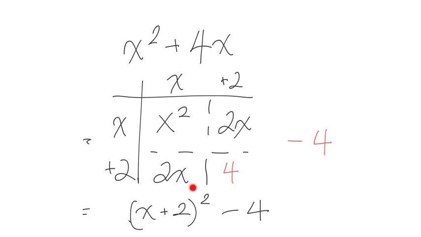And then the perfect square turns into this, and the leftover bit just gets written next to it. So in this case, you can just read your vertex. This parabola, if we were to graph it, would have a vertex at -2, -4.